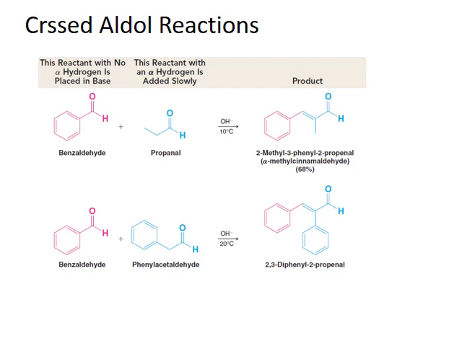Another example of benzaldehyde, the aldehyde containing no alpha hydrogen, with phenylacetaldehyde. Here is the alpha hydrogen. The product formed would be 2,3-diphenyl-2-propenal. Always note the ending enal.